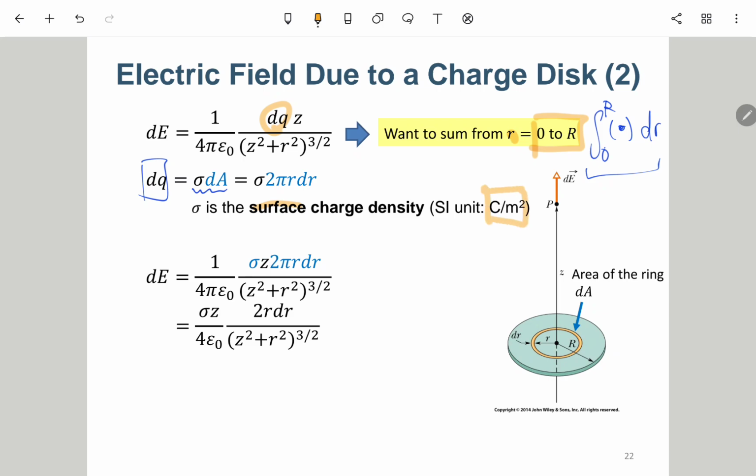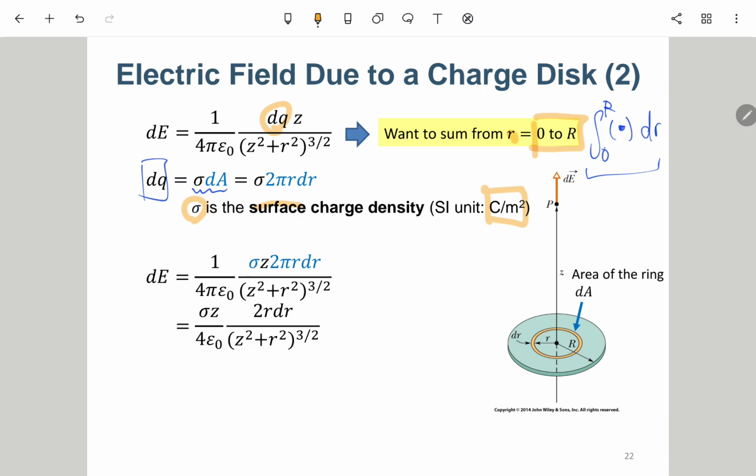It is C over meter square, which means how many coulombs of charge on a 1 meter square area. We use sigma to represent this surface charge density.